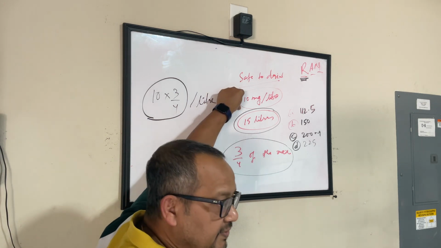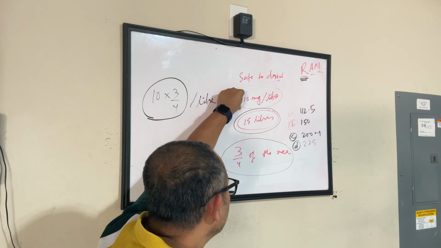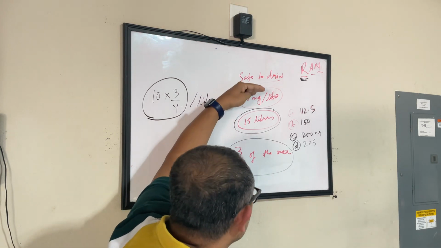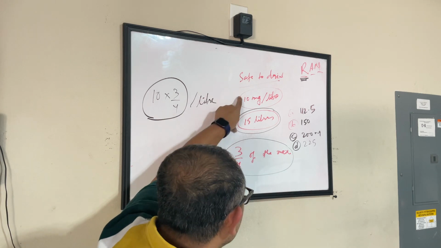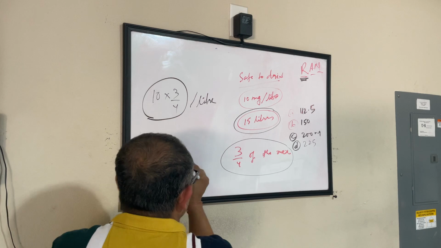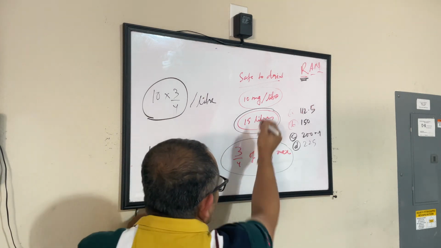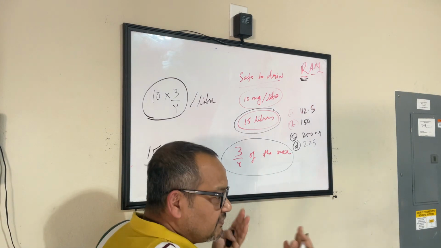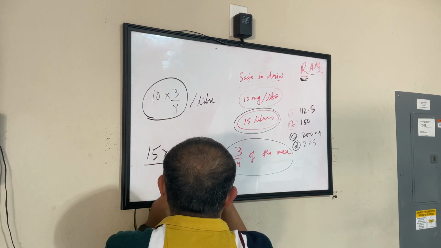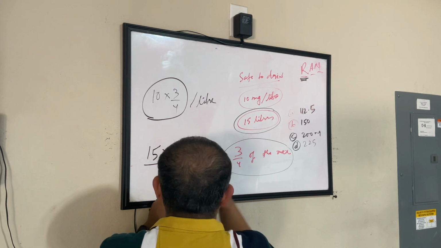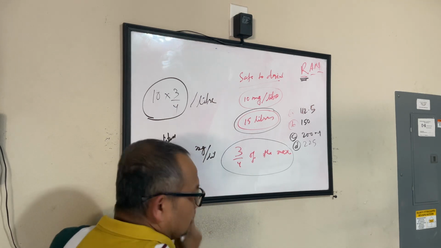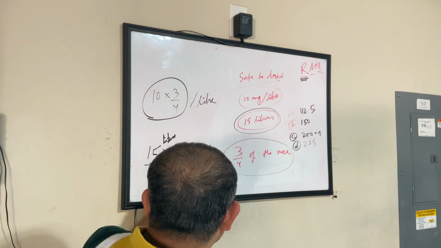This was the safe limit and they got 15 liters. So with the maximum limit, they would have got 15 times 10, this many milligrams. See the unit, we calculate some units, right? This is 10 milligrams per liter, and this is 15 liters. We multiply numbers or divide numbers and we deal with them. Here you have units also.